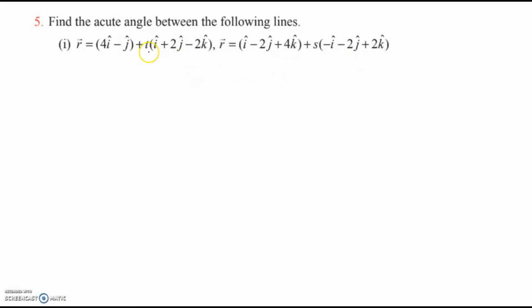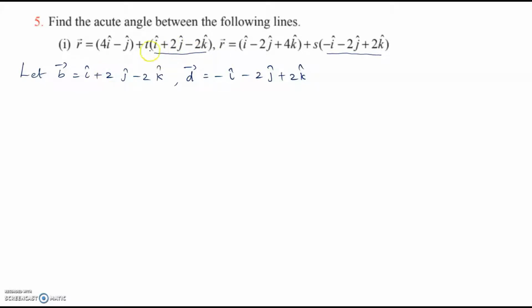So the acute angle between these two lines will be the same as the angle between this vector here and this vector here. So let's define vector B as i cap plus 2j cap minus 2k cap, and vector D as minus i cap minus 2j cap plus 2k cap.